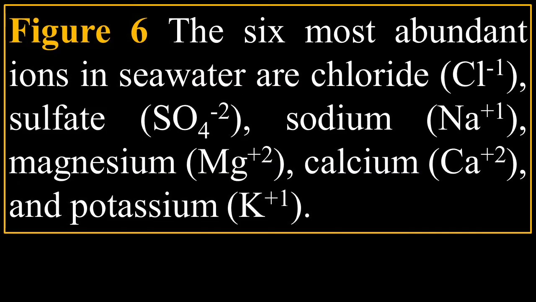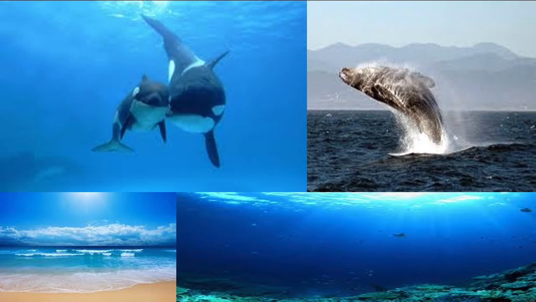Figure 6, the most abundant ions in seawater are chloride, that's a -1, phosphate -2, sodium +1, magnesium +2, calcium +2, and potassium +1. And here is some seawater, some whales, some nice cyan-colored seawater, blue seawater, very nice.